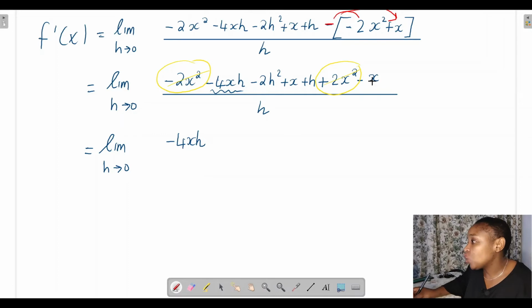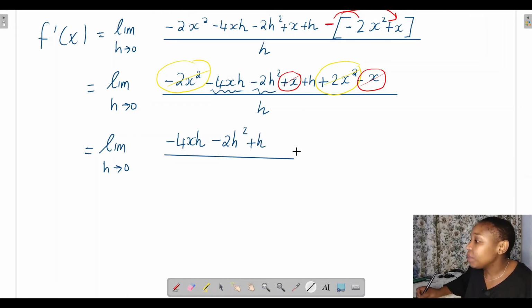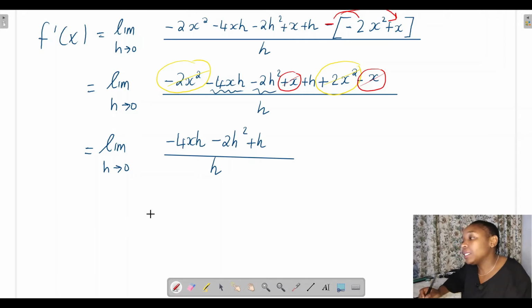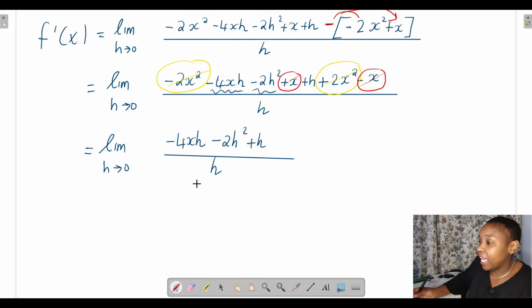Do we have another h squared somewhere there? We do not. So it's going to be minus 2h squared. Then you've got positive x and you've got a negative x, right? So those two give us a 0, plus that h there. Okay, so we've added all our like terms, and that is the final value that we have, right? So it's minus 4xh minus 2h squared plus h over h, right?